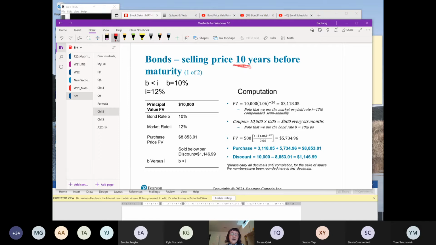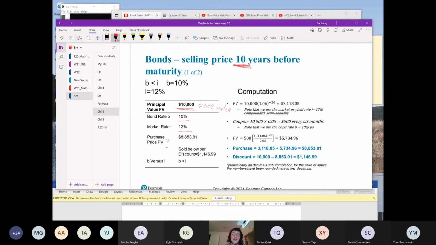The face value is 10,000, also called the principal value. Suppose the bond rate is 10% and the market rate is 12%. The question is, what is the purchase price?